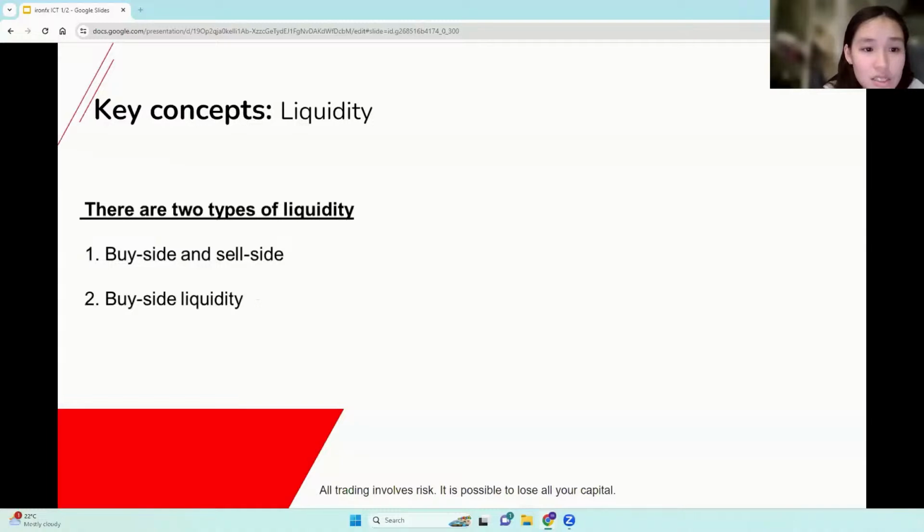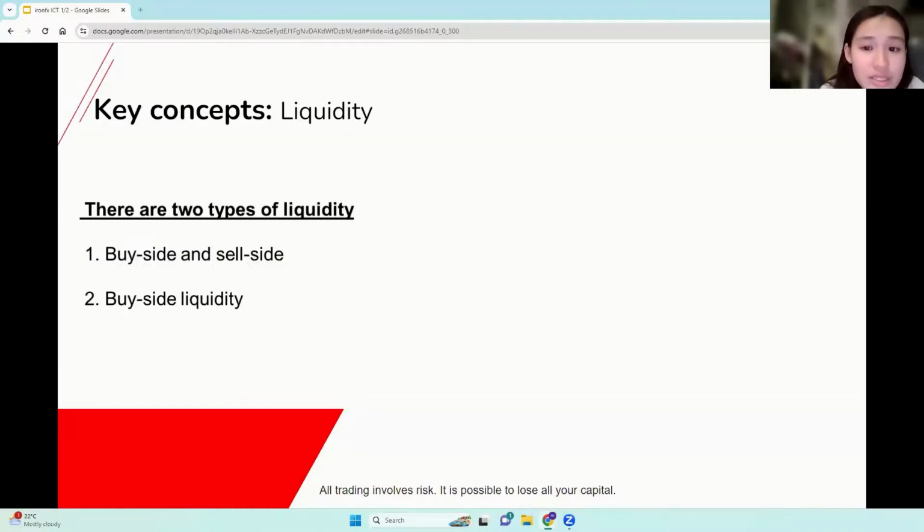So first key concept we'll go through is liquidity. There are basically two types of liquidity. There's the buy side and sell side. Firstly, buy side liquidity represents a level on the chart where short sellers will have their stops positioned.